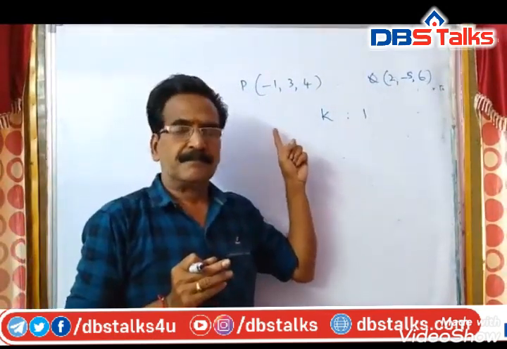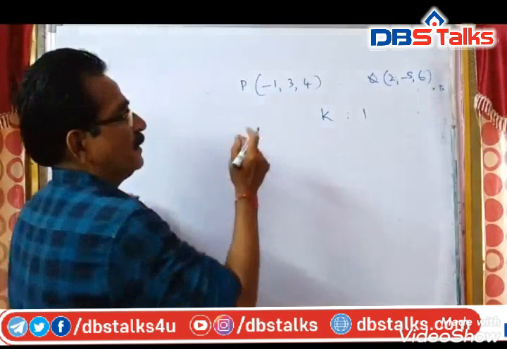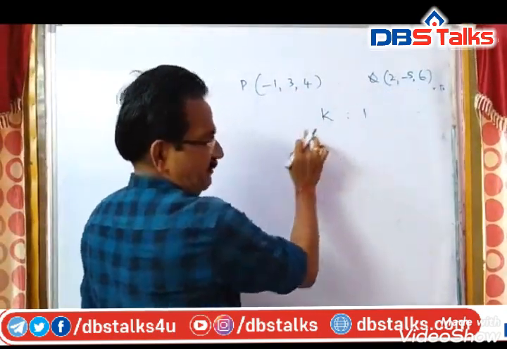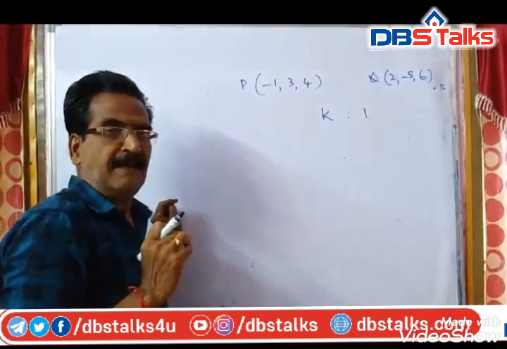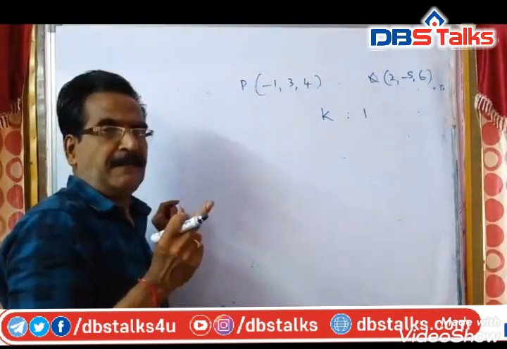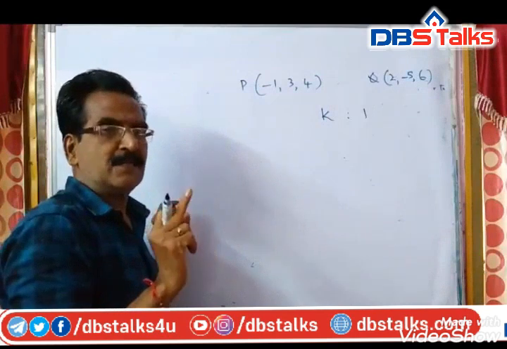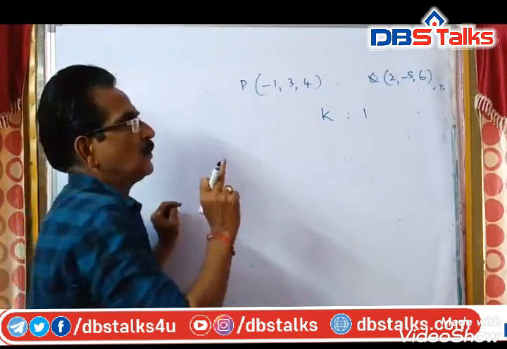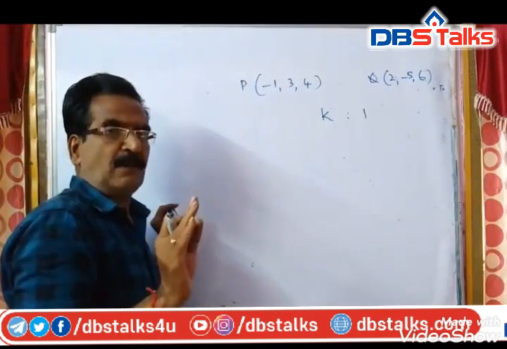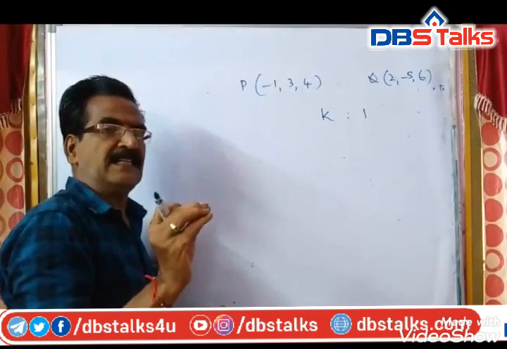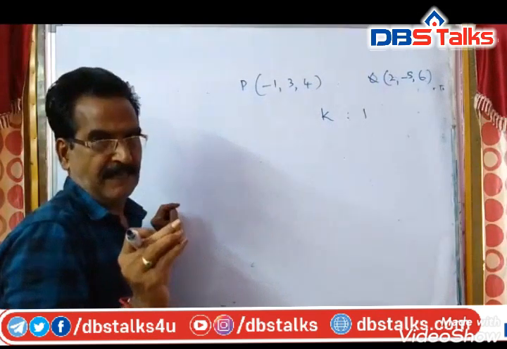Because these 2 points are divided by the xy plane, and xy plane means z must be 0. So now we will not find all the coordinates of the point, just find the z coordinate.